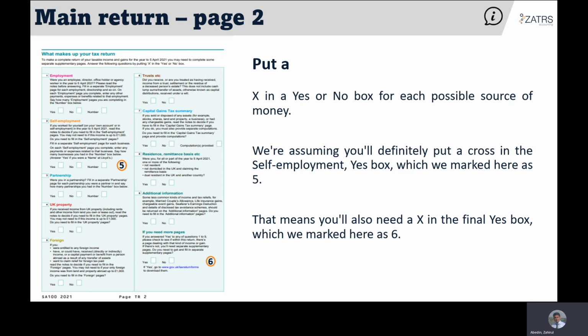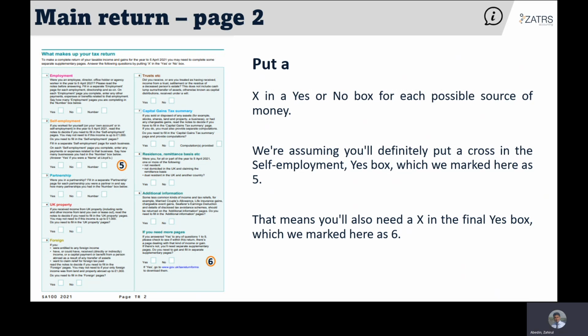The second page is where, on this hard copy version, you do the tailoring of your return. You tell HMRC about the different sources of income that you have got. So in our example, we are just going to be putting a cross in 2 boxes here. One for self-employment, a cross against yes in section 2.